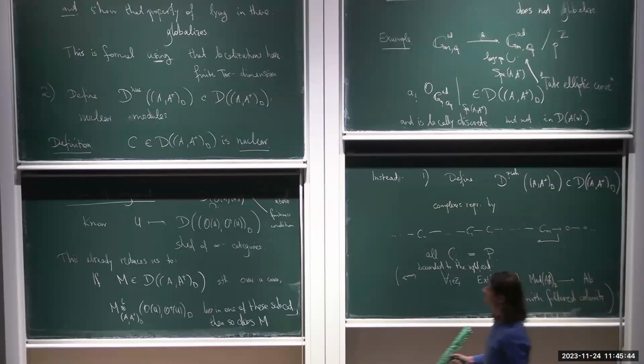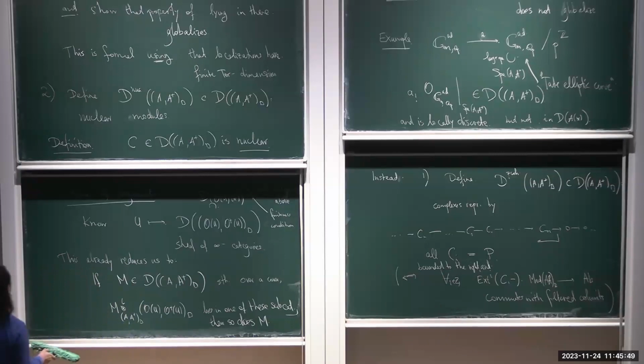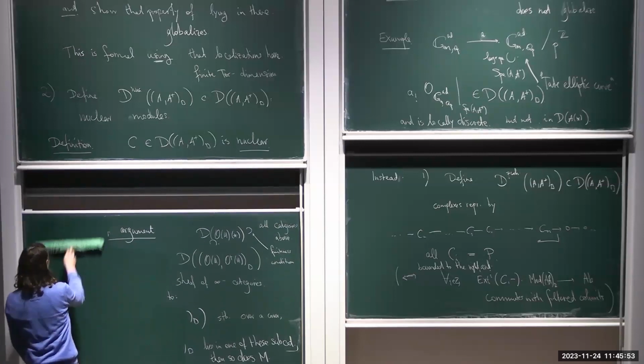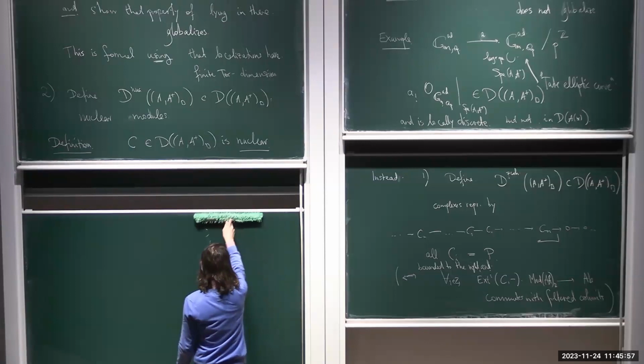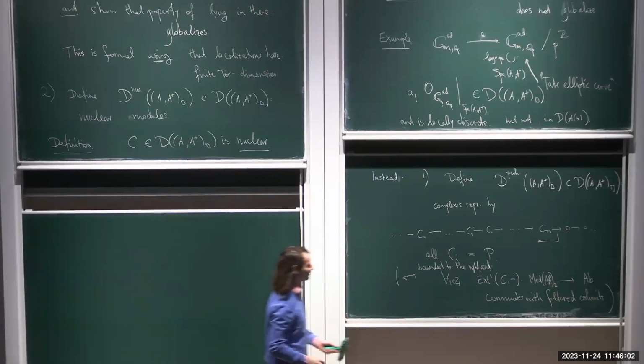By the way, the name is inspired by this class of nuclear vector spaces that Grothendieck defined in functional analysis. It's not a completely precise translation, but in spirit it is one.